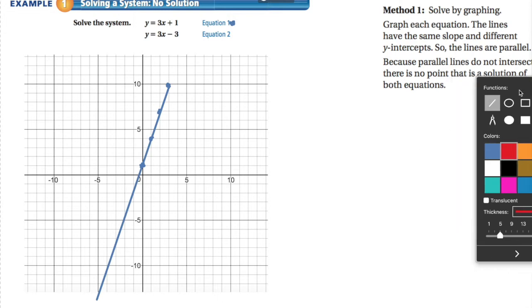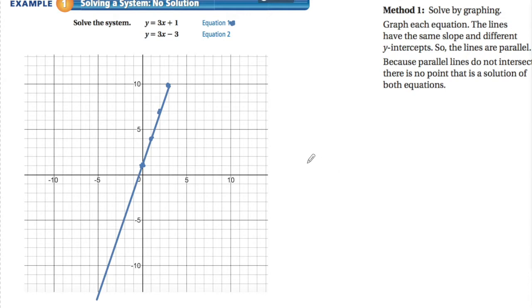Next, we're going to graph equation 2. Equation 2 says y equals 3x minus 3. So we'll start at negative 3, and we're going to go up 3, 1, 2, 3, over 1. We're going to rise 1, 2, 3, over 1. Again, 1, 2, 3, over 1. Put a little red dot here so you know that that's equation 2.